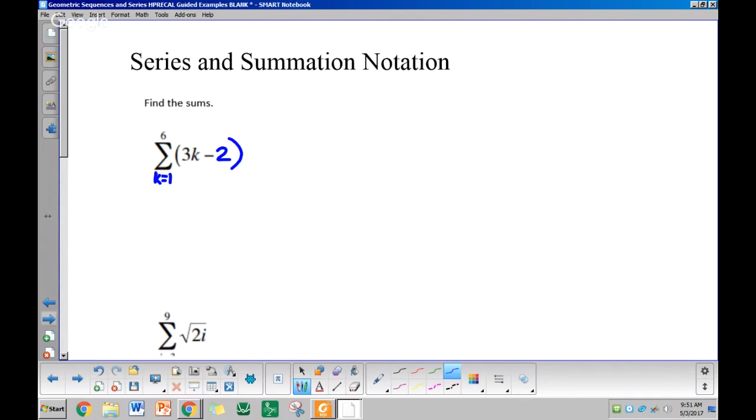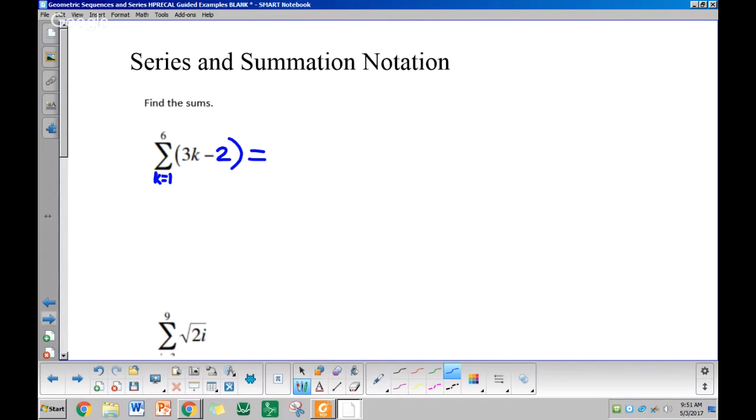All this is a shorthand mechanism for adding a list of numbers. Okay? This K is called the index of summation. I'm never going to ask you that, but that's the index of summation. 1 is where we're starting, and 6 is where we're ending. Okay? So what's going to happen is, and these go in increments of 1.